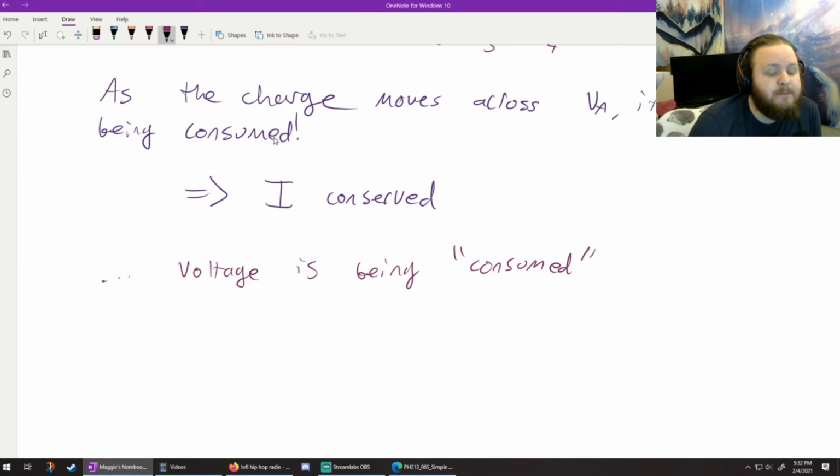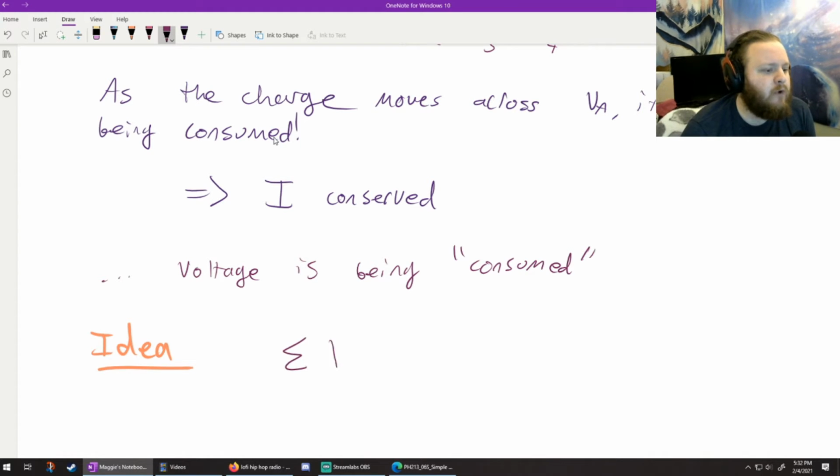So if the voltage is being consumed around the circuit, this is going to tell us something really important. If I have some number of objects in my circuit, if I added up the voltage drop across each one of these, there's going to be some voltage that I gain or lose around every element.